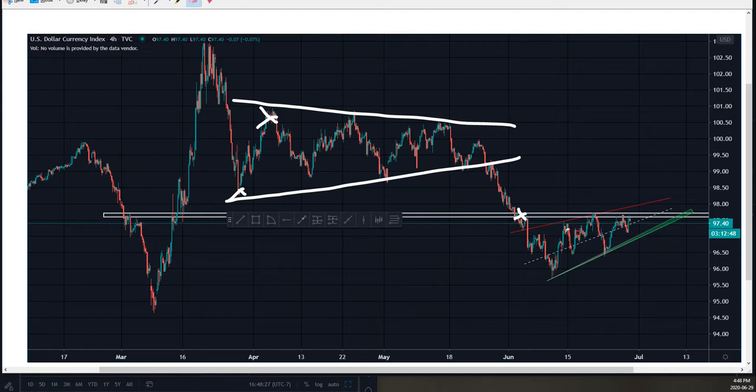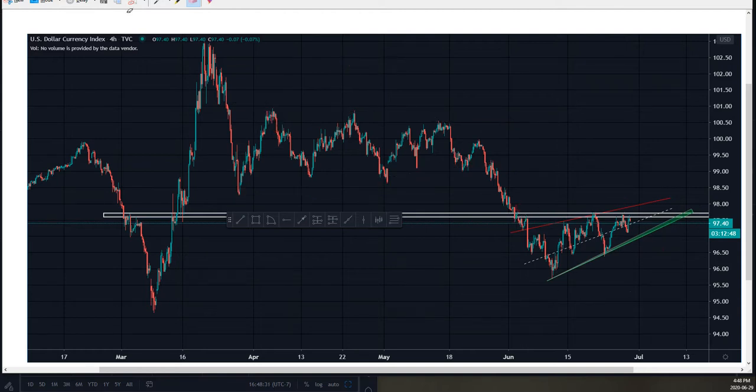upside, which would then, in my opinion, be in confluence with a market sell-off probably, because you can't, well, you could have, but it's highly unlikely, and it wouldn't make sense in terms of correlations if you had gold go up, US dollar go up, stock market go up. It just wouldn't make sense. There's a relationship between the two, and there's correlations between different asset classes.